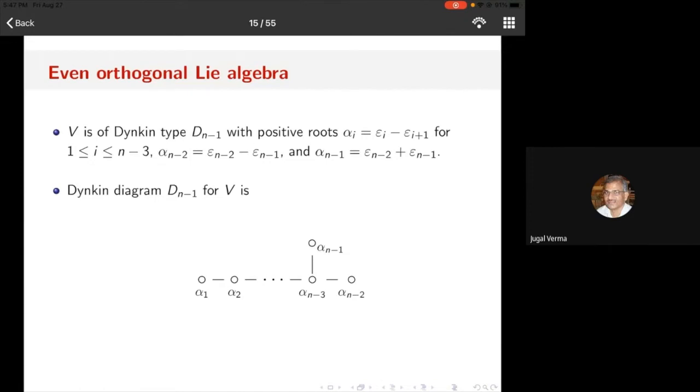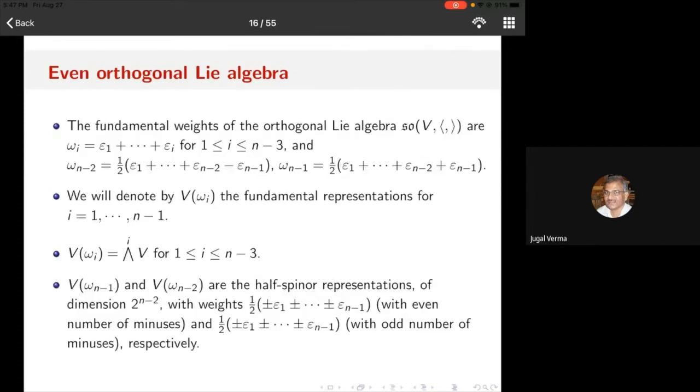This is of Dynkin type D_{n-1}, and this diagram looks in this form. Here the two nodes corresponding to alpha_{n-2} and alpha_{n-1} correspond to the spinor representation. So let's see here the weights omega_i, from epsilon_1 to epsilon_i, for i from 1 to n minus 3.